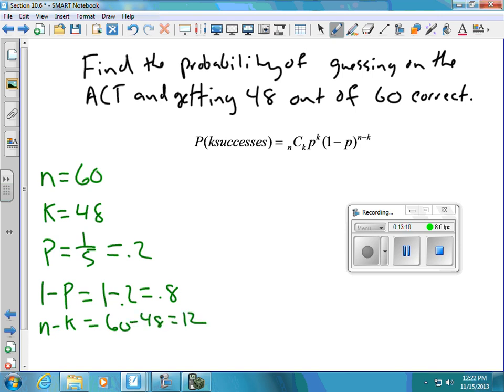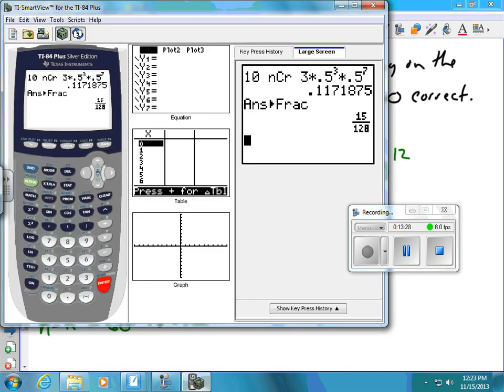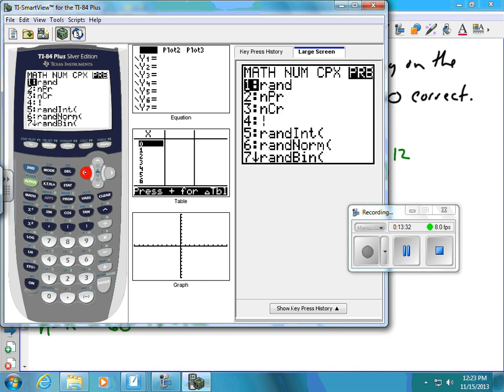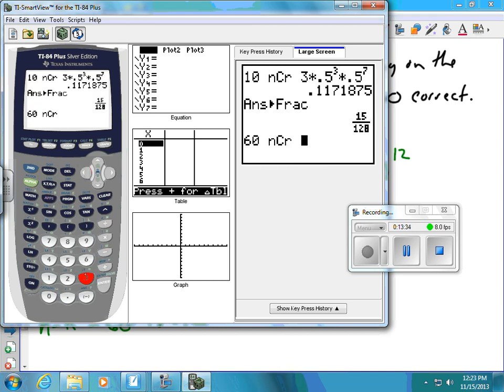When we plug this in, what do you think it's going to be? Do we have a high probability of guessing and getting 48 out of 60 right, which would be a very good ACT score? Let's plug it in our calculator and see what we get. 60, math, probability, 3. 60, we're going to choose 48 out of 60 things.